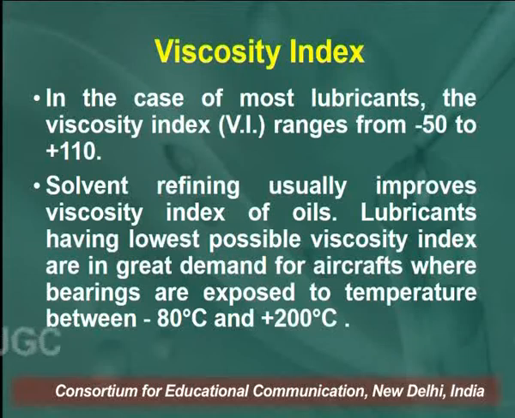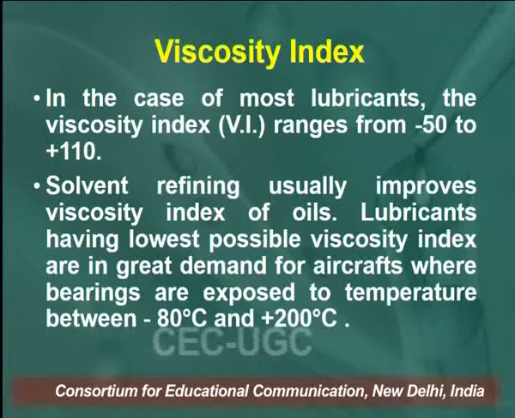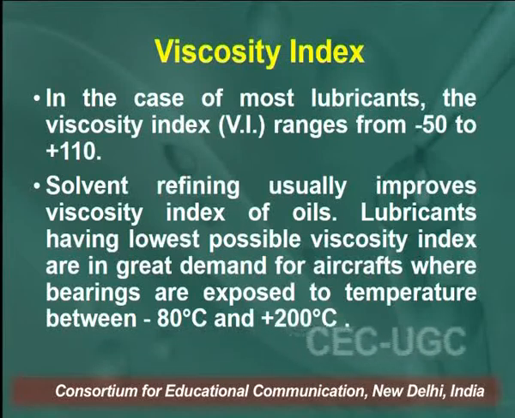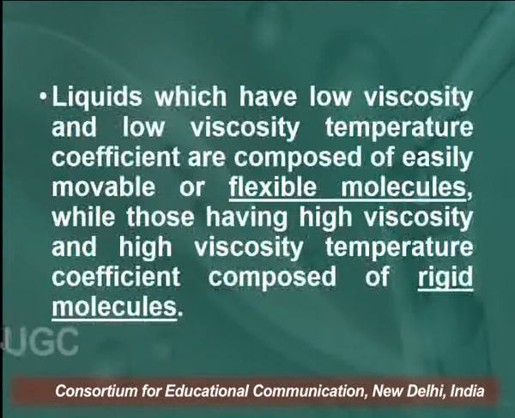Solvent refining usually improves the viscosity index of oils. Lubricants having the lowest possible viscosity index are in great demand for aircraft, where the bearings are exposed to temperatures between minus 80 degrees centigrade and plus 200 degrees centigrade.